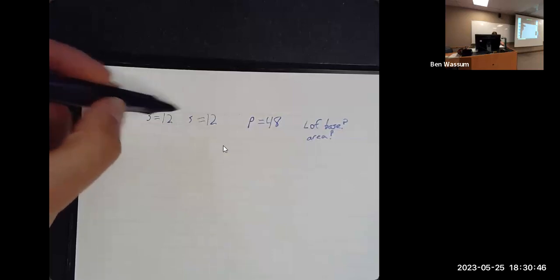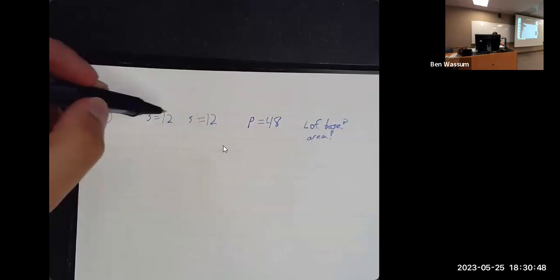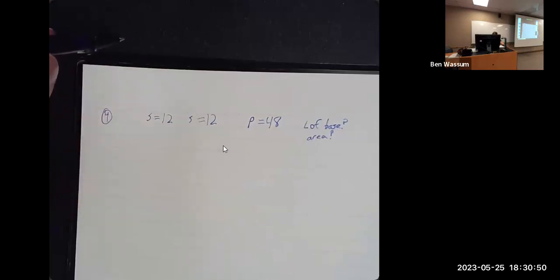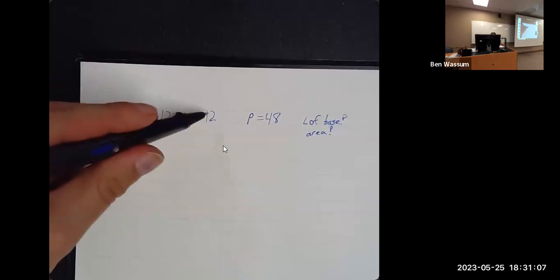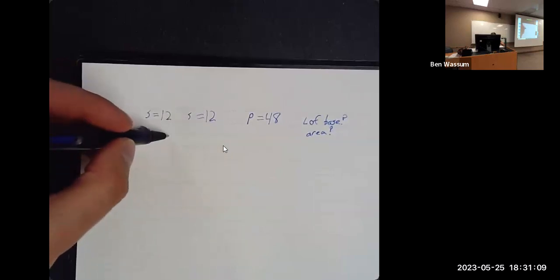So since two of the sides are equal, I just said side equals 12 and side equals 12. Make a figure on this. So we know we have two equal sides.